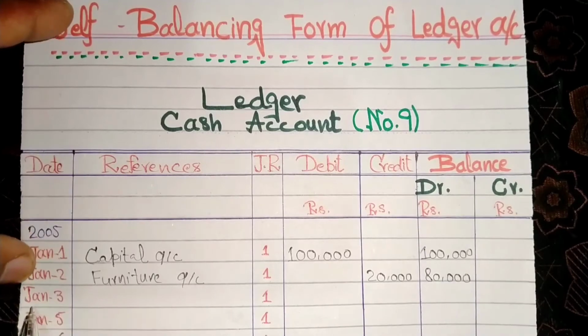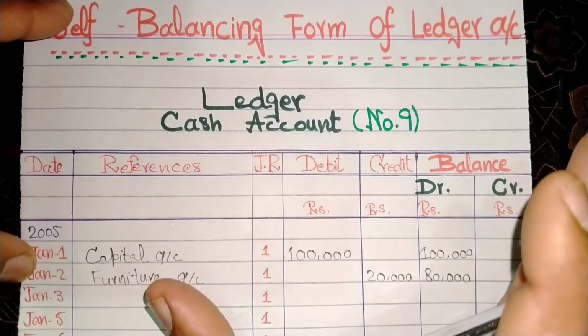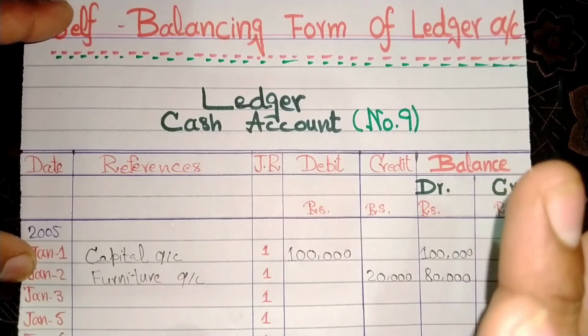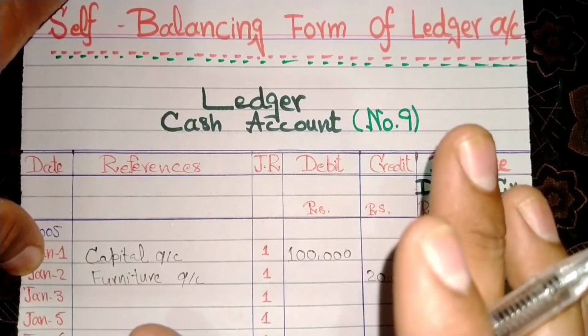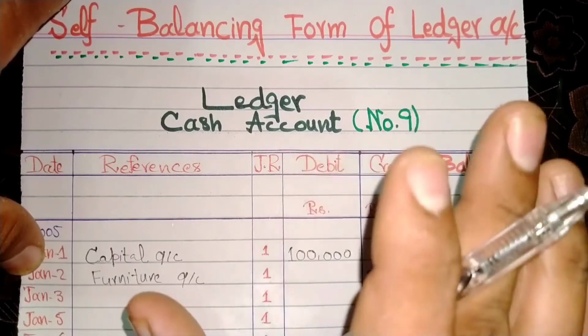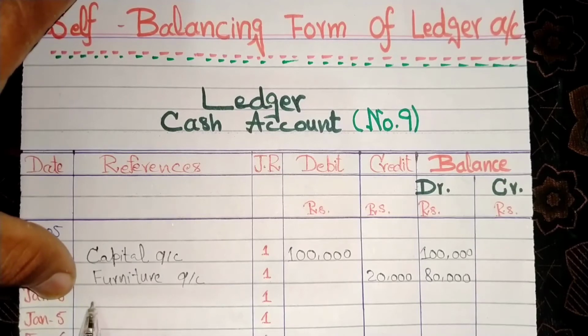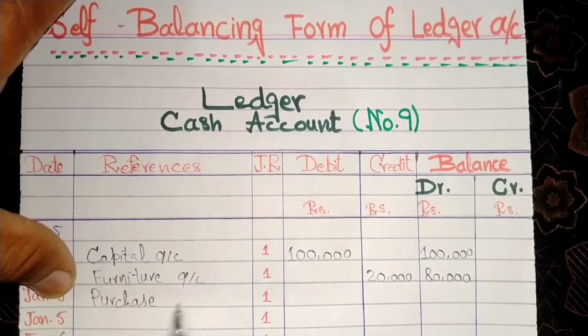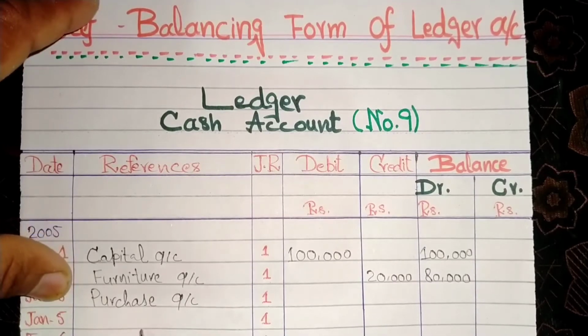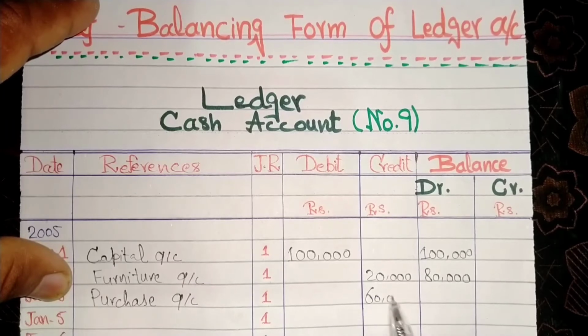Okay. On Jan 3rd, goods purchased for cash. Understand? The journal entry was purchase account debit to cash account credit. So cash credited by purchase account. So we will write here purchase account with amount 60,000 rupees, because cash was credited by purchase account.